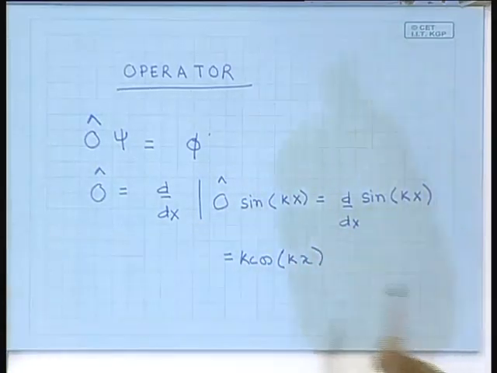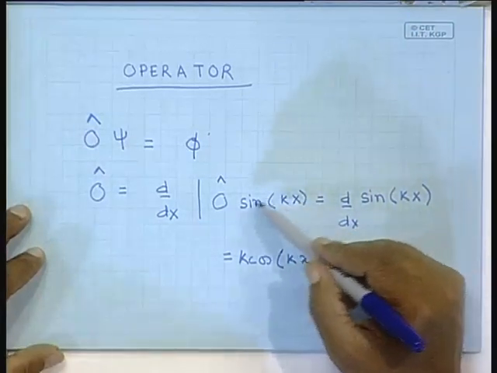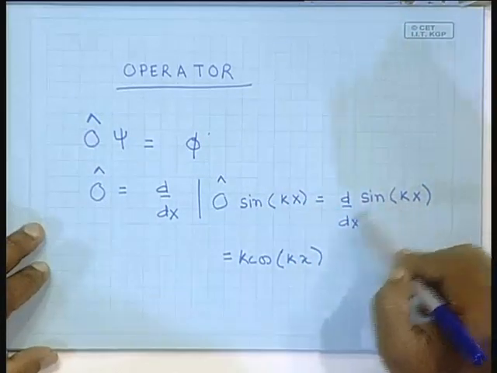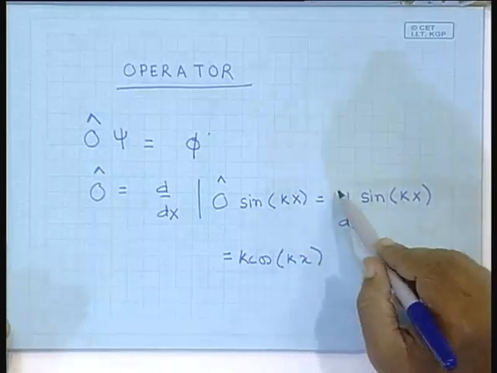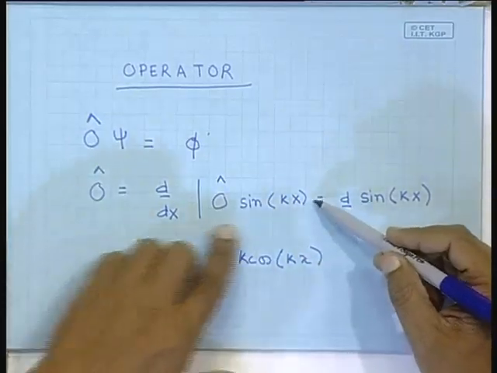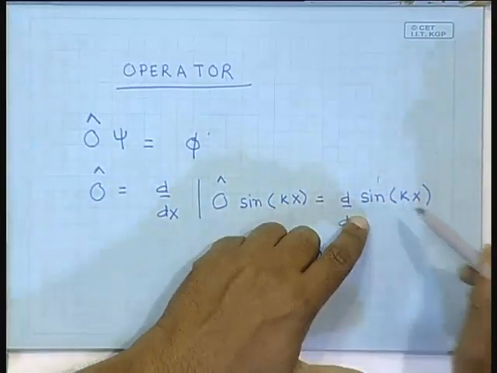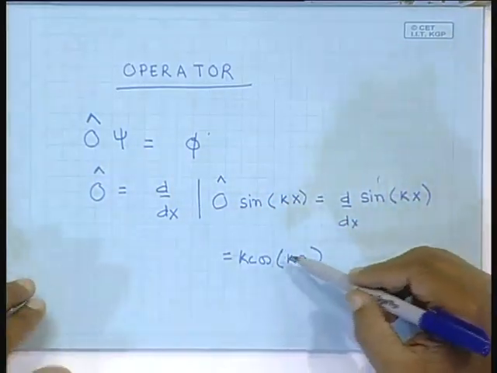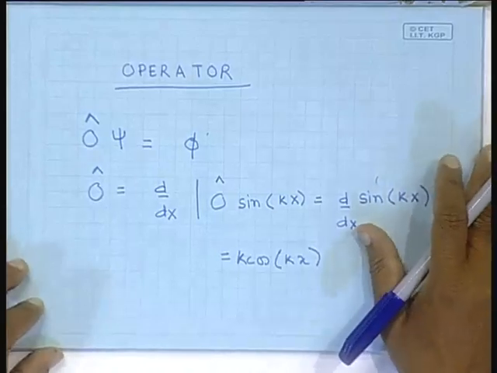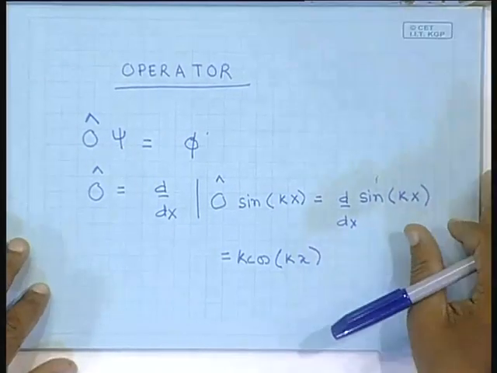So, what we see is that this operator acts on a function to give me another function. In this case, the function is sin kx. The function that I get when the operator d by dx acts on this function is k into cos kx. So, this is what is an operator.